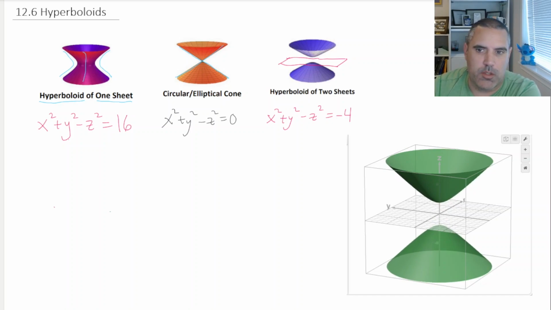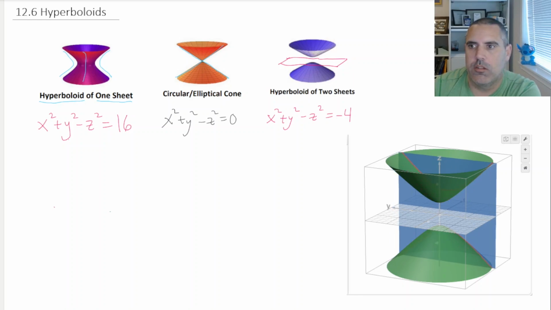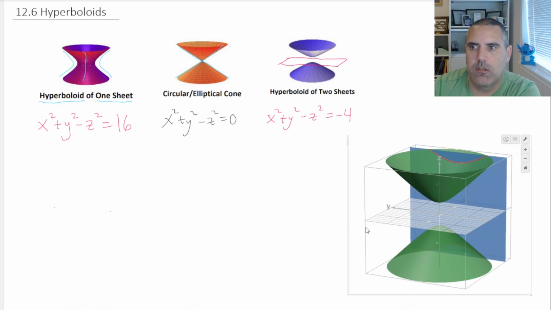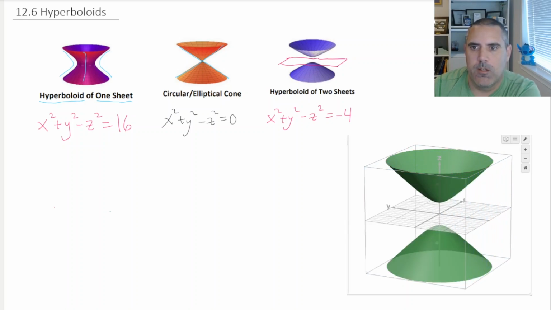The traces still work out the same way if you look at it this way. The traces are hyperbolas. Hyperbolas, hyperbolas, hyperbolas, hyperbolas. If you look at it from y's perspective, hyperbolas, hyperbola, hyperbola, hyperbola. If you look at it from z's perspective, circles. So it's just the fact that there are no circles unless z gets big enough to overcome this.